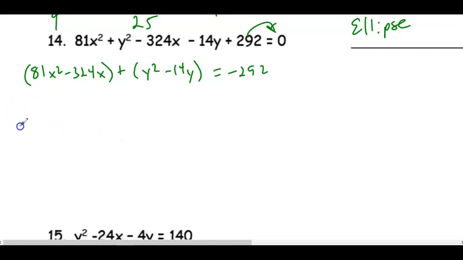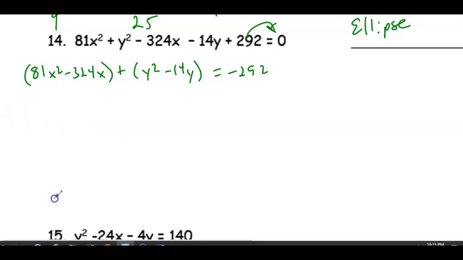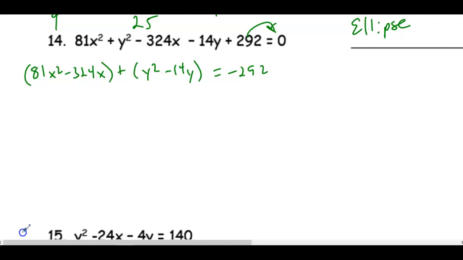Now factor out 81. Alright, so factor out 81. X squared minus 4x. Let's go ahead and put my space, minus 4x plus a space.